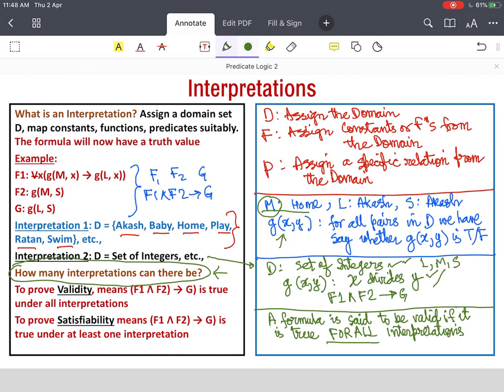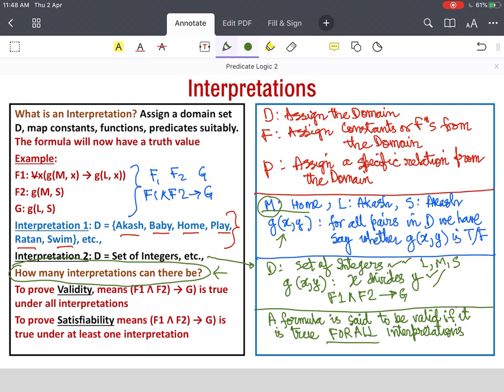A formula is said to be valid, or a tautology, if it is true for all interpretations. In the case of a Boolean function, there are no arguments, there is only a proposition. So only true or false need to be assigned to a Boolean variable. But here there are so many assignments, and we have seen how large they are.